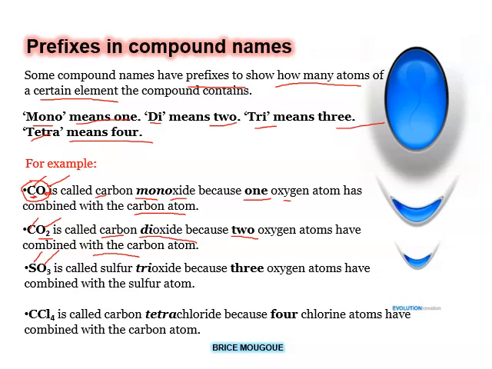Hence, I'll call this sulfur trioxide. 3 oxygen atoms have combined with sulfur. And here I have 1 atom of carbon and 4 atoms of chlorine. 4 is represented by the subscript 4 here. Hence, this will be called carbon tetrachloride, tetra for 4, because 4 chlorine atoms have combined with the carbon atom.